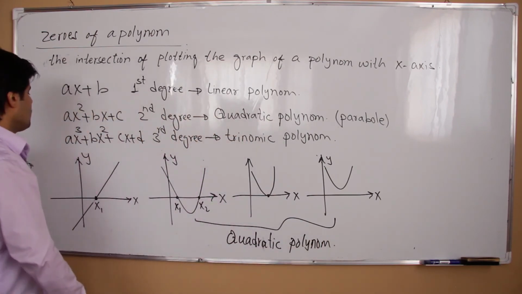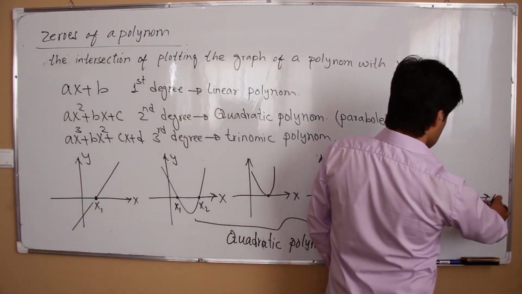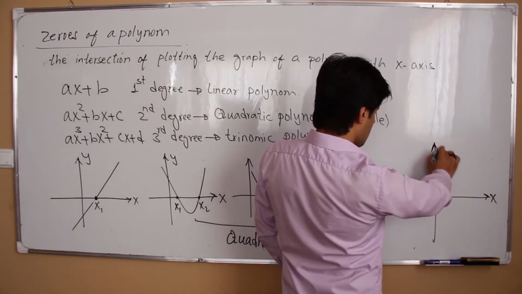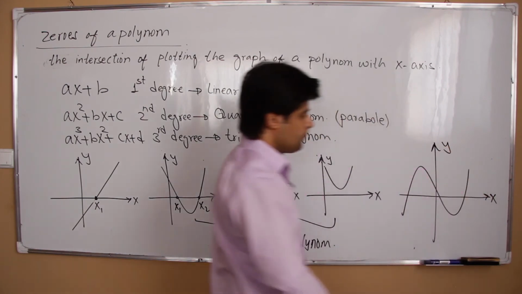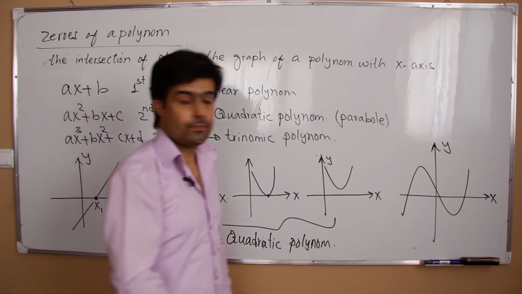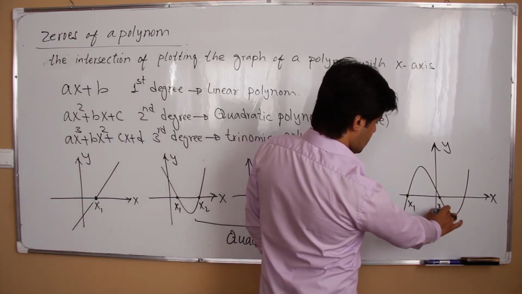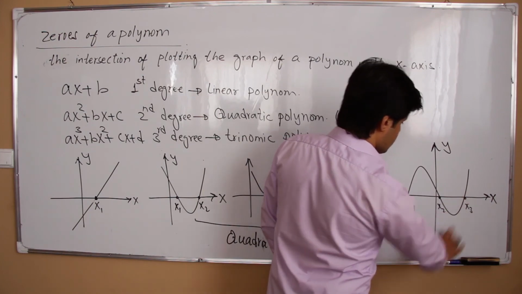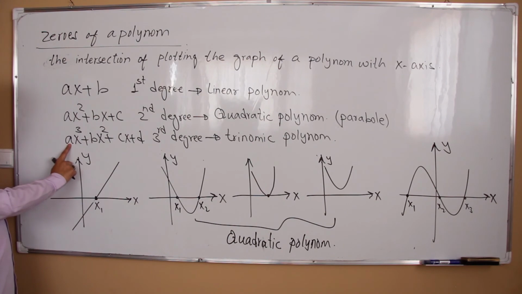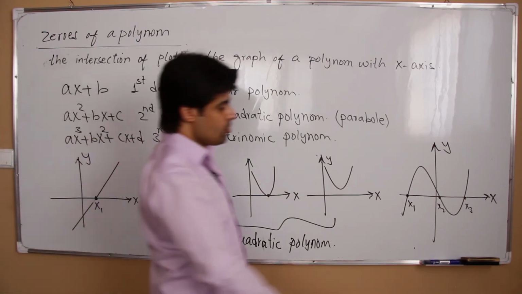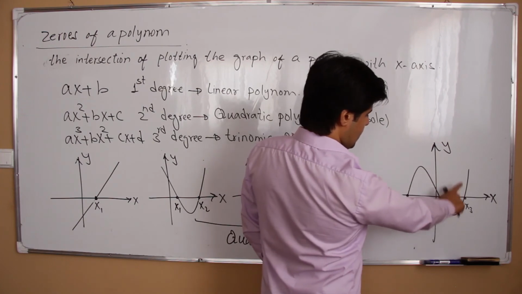And when we want to define this one, the trinomial, usually it looks like this one. So this is called x1, this is called x2, and this is called x3. If a is greater than 0, usually it plots the graph like this one.